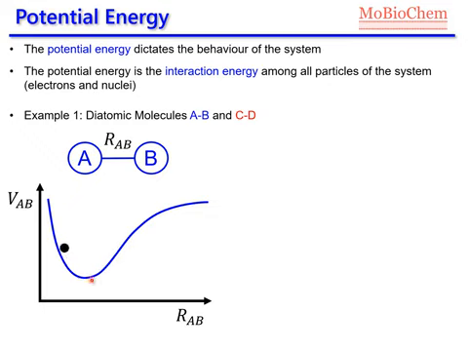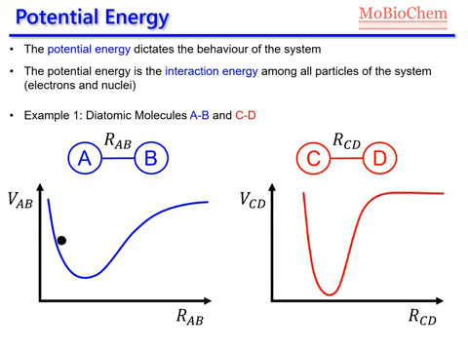Since the curvature of our potential energy is not high, the vibration is relatively slow. However, if we have a second molecule, CD, whose potential energy has a larger curvature, now the vibration will be much faster, because the gradient here of the potential energy is very large. So the acceleration of our classical particle running along this potential energy curve is higher.